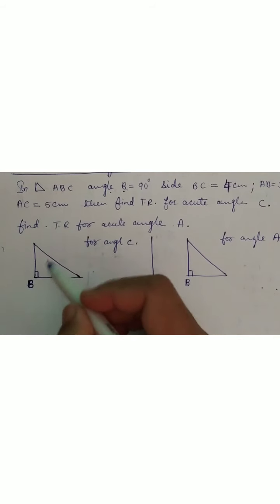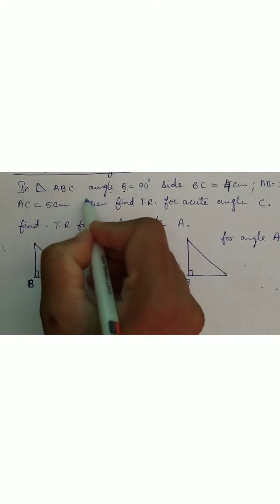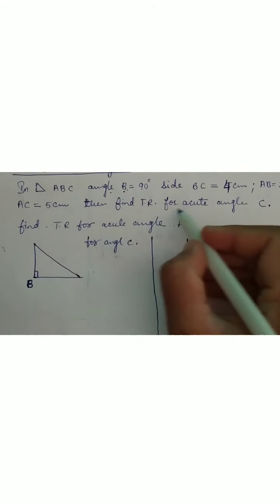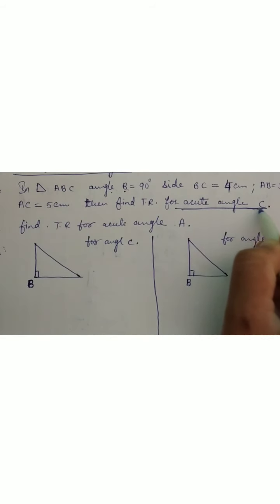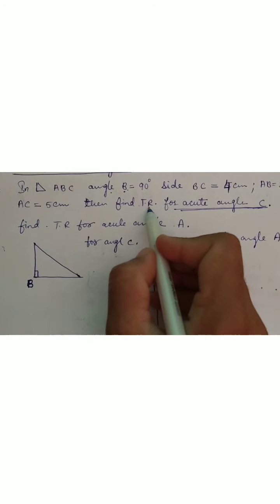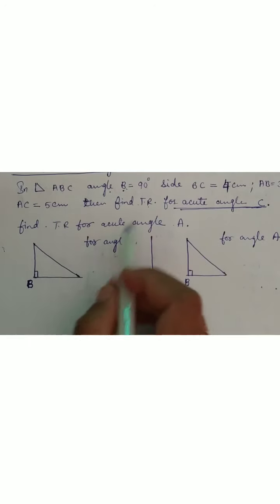Now, in last videos, our problem did not give the particular angle for which we find the trigonometric ratio. So, we write anywhere what we want.